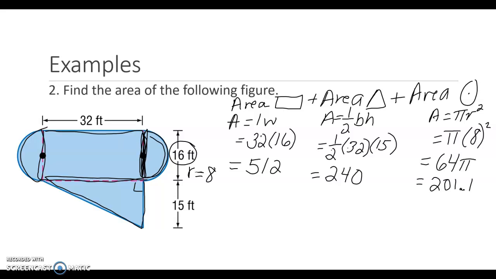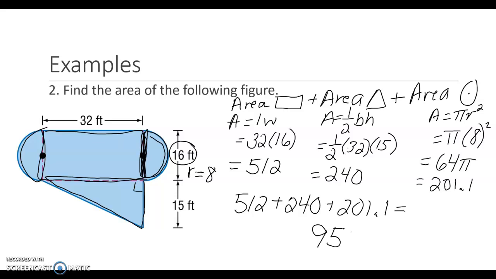So now I'm going to add up all those areas together. 512 plus 240 plus 201.1 gives me a total area of this composite figure of 953.1 square feet. Okay?